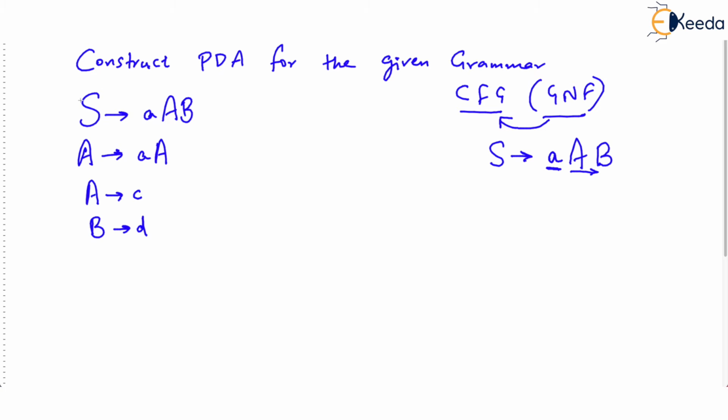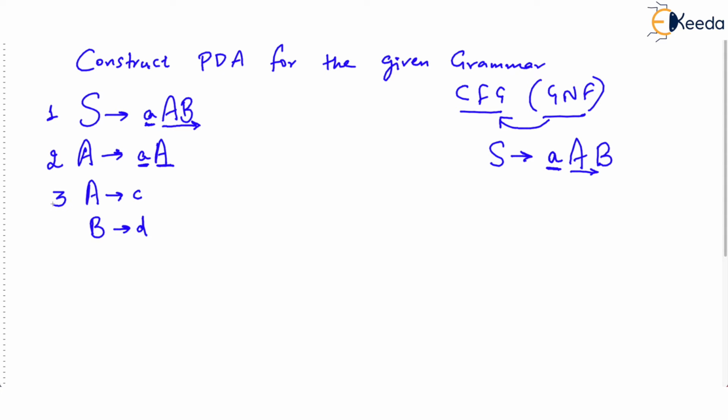So you can see first production, second production, both are in GNF because the right hand side is beginning with a terminal followed by a non-terminal. Here also in the first production, right hand side begins with a terminal, correct, followed by list of non-terminals.